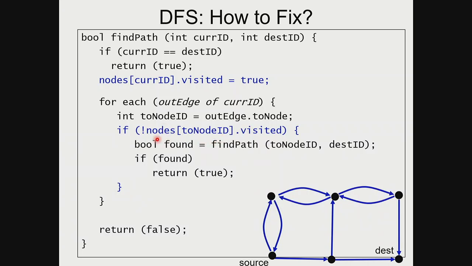So we first check that whatever next node is not visited, and this allows us to break the cycle. For example, look here, we are marking each node as visited, and then when we reach here, we check that this edge has been visited, so we're not going to check it. Let's go to the next one. And in this case, we found the path.